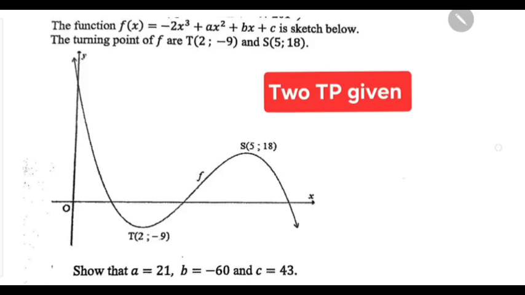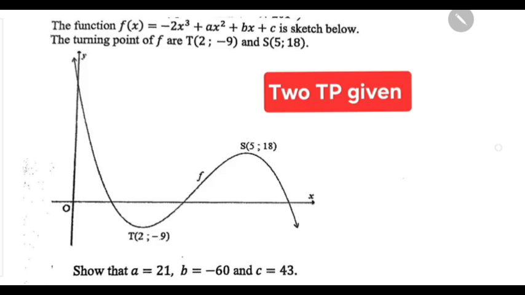This is type 4. Two turning points are given. So this is also a past exam paper question. The question says the function f of x is equal to negative 2x power 3 plus ax power 2 plus bx plus c is sketched below.